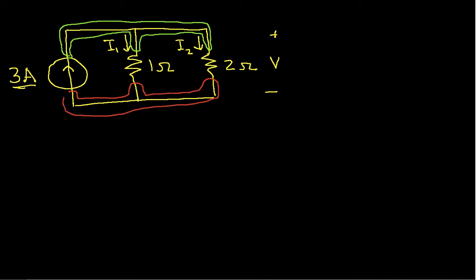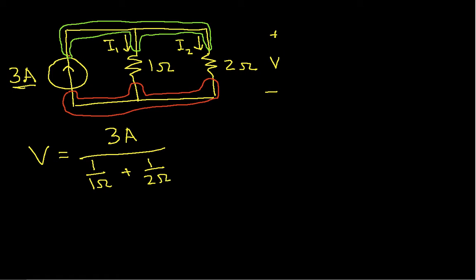So the voltage across the 2 nodes we will label V. And from the single node pair analysis, we discovered that V is equal to 3 amps over 1 over 1 ohm plus 1 over 2 ohms.